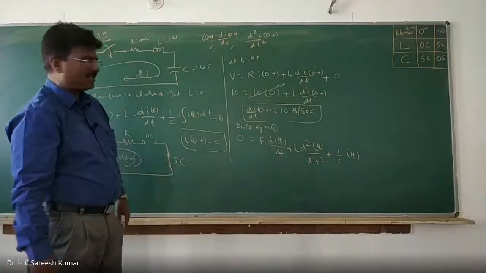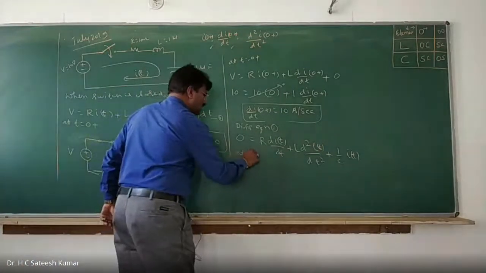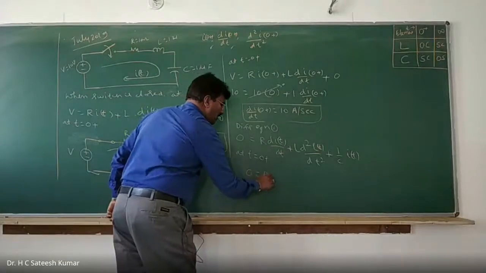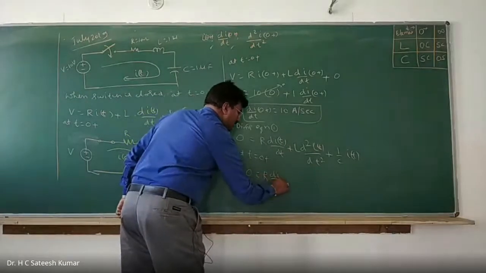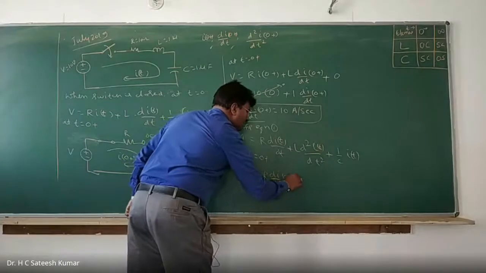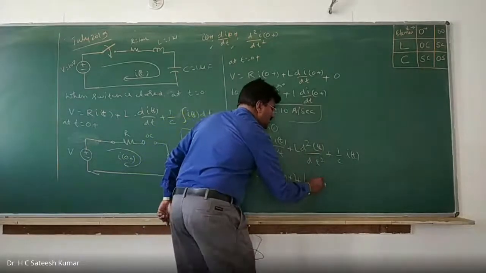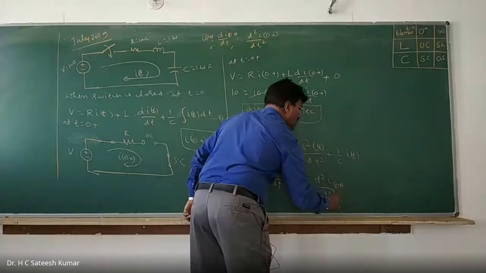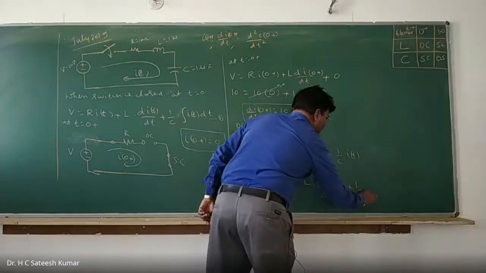Now we have t is equal to 0 plus. At t is equal to 0 plus, what will you get? 0 is equal to R into di by dt 0 plus, plus L into d squared I divided by dt square 0 plus, plus 1 by C into I 0 plus.